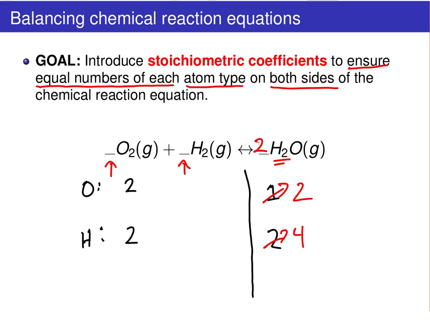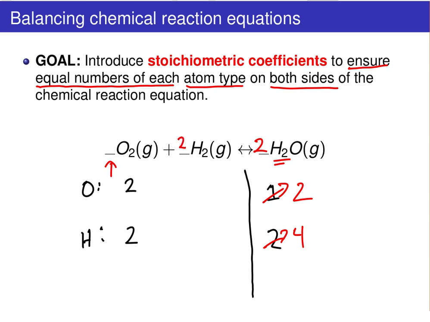So in putting the stoichiometric coefficient of 2 in front of water, we've effectively balanced oxygen. However, now hydrogen has become unbalanced. This isn't going to be too much of a problem, though, because we have hydrogen showing up by itself on the reactant side.